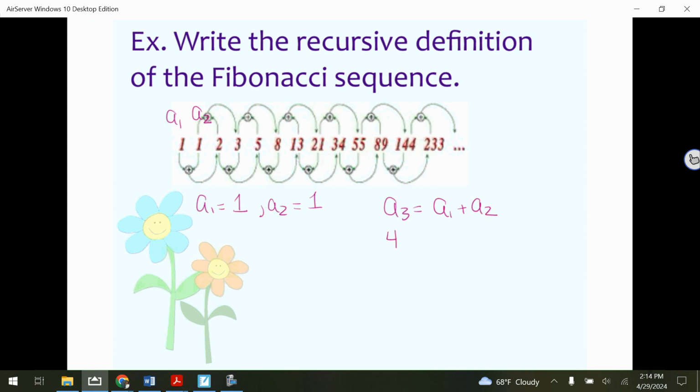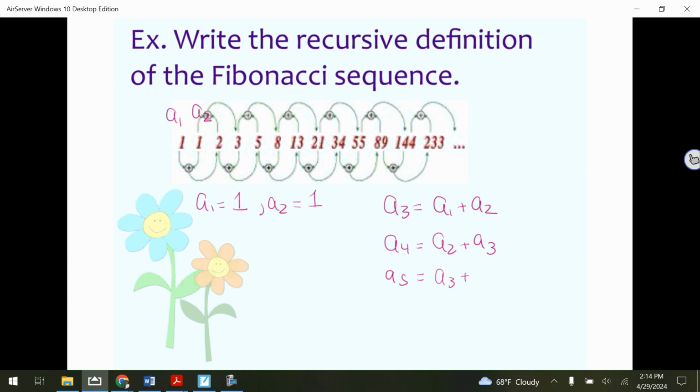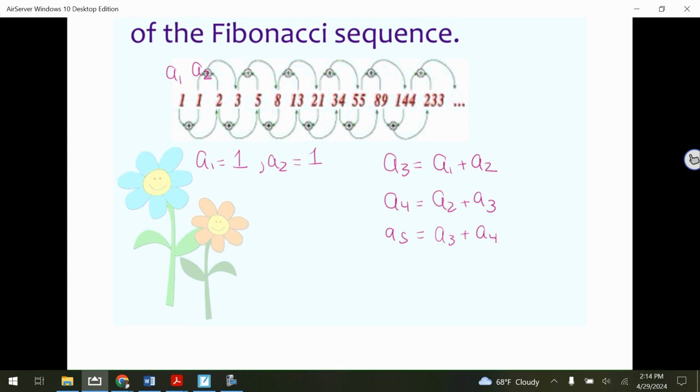To find the fourth term, A sub 4, you add the two prior terms. That's A2 plus A3. To find the fifth term, you add the two prior. That's A3 and A4. So hopefully we can see the pattern to find the A sub nth term. A sub n equals the two prior terms.